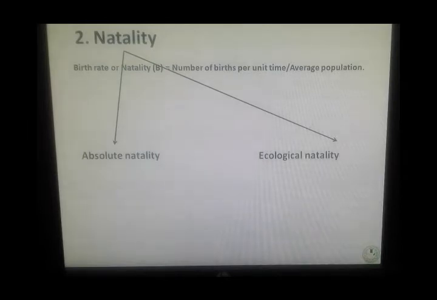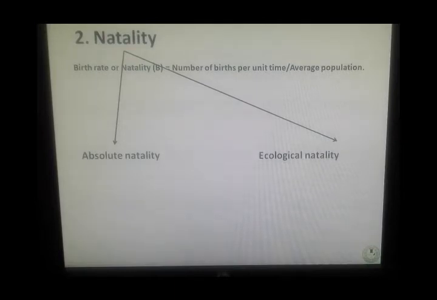Here the reproduction is governed by physiological factors only, and no ecological limiting factors are considered. For your information, absolute natality is also known as potential, maximum, or physiological natality.